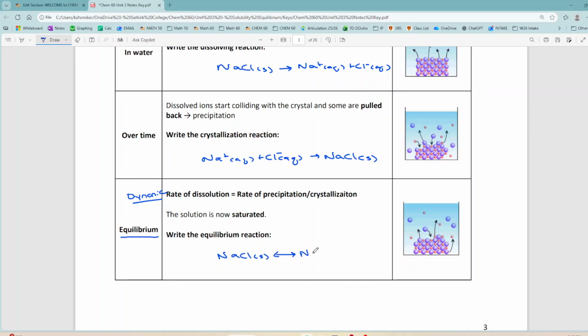We would have the sodium chloride solid dissolving into the ions, but then we would also have the ions precipitating or crystallizing as the sodium chloride.